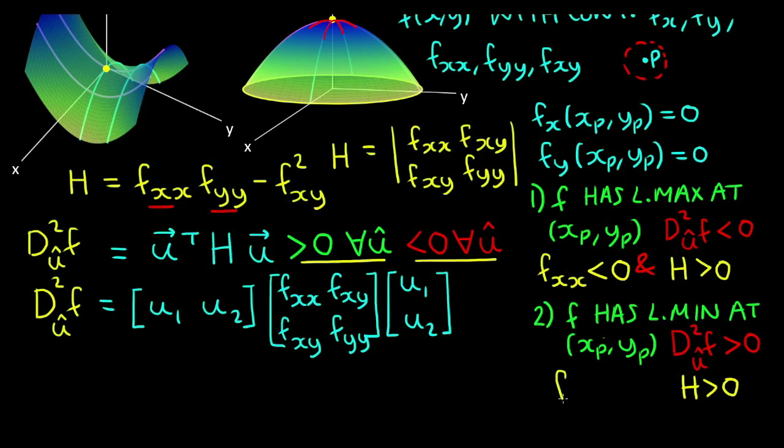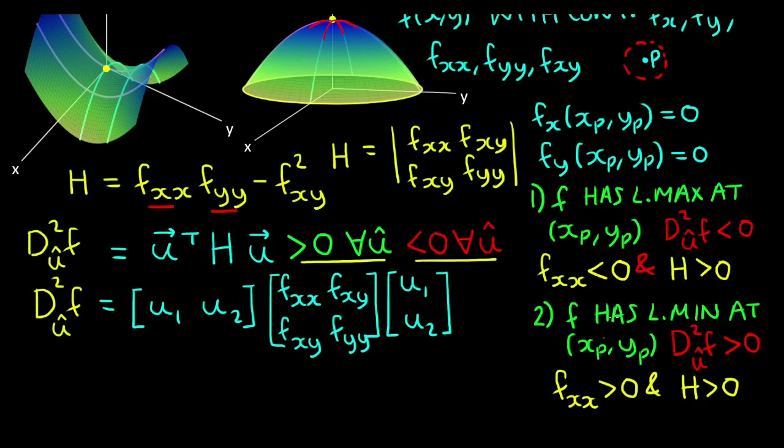So if the partial with respect to x is positive and the Hessian is larger than 0, then the function has a local minimum at this point, as the directional derivative will always be larger than 0. So you can remember these conditions by making analogies with functions of one variable.